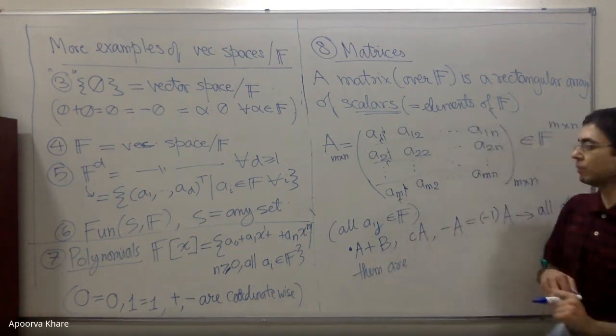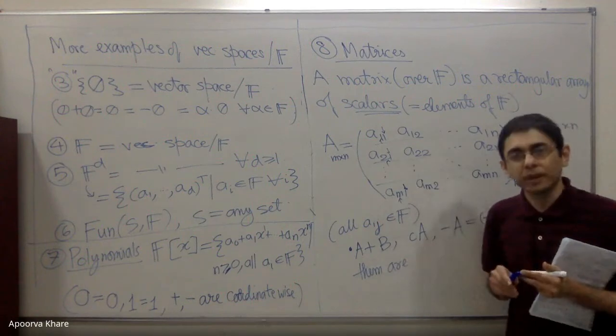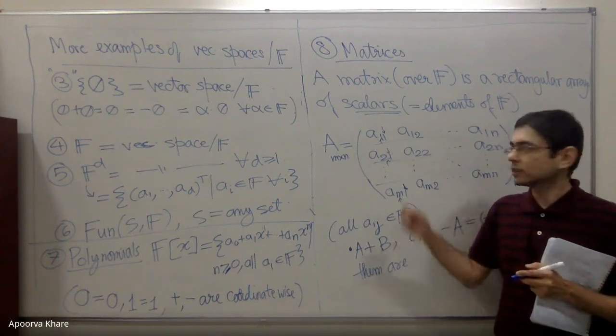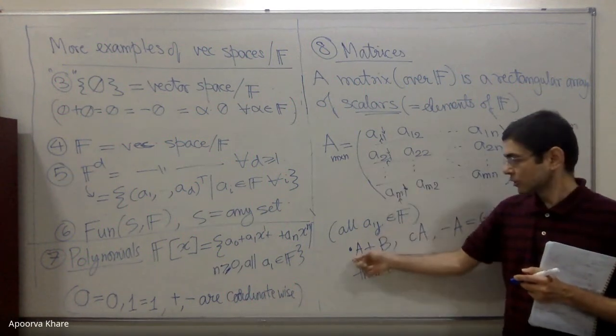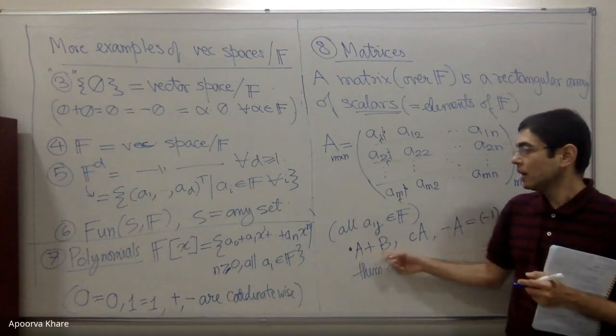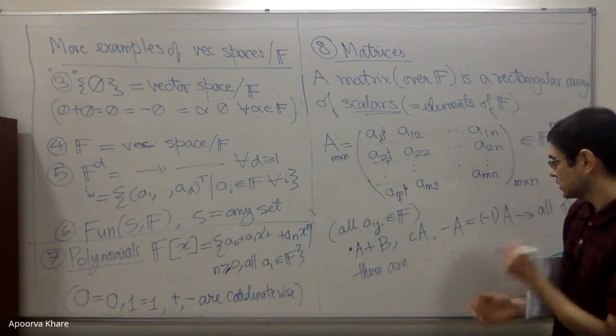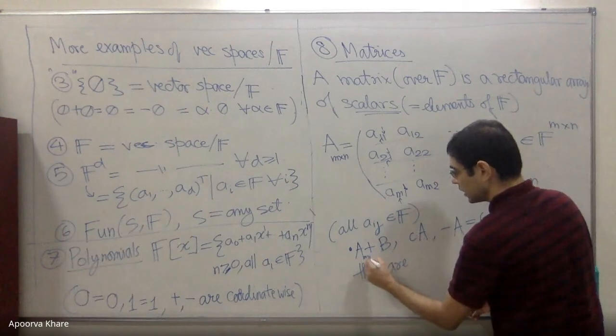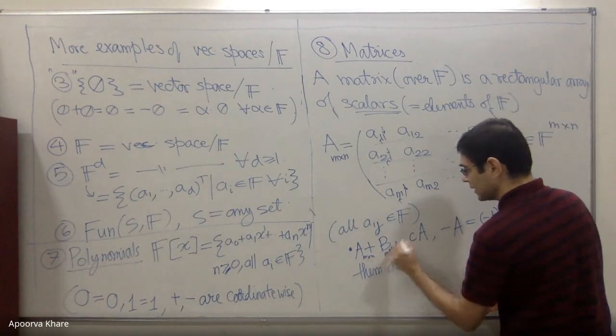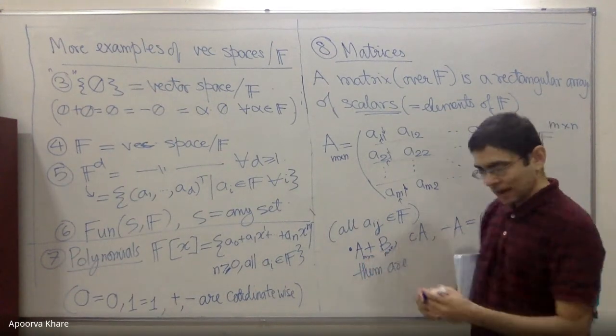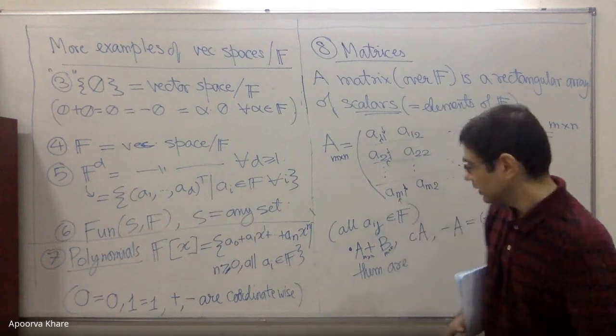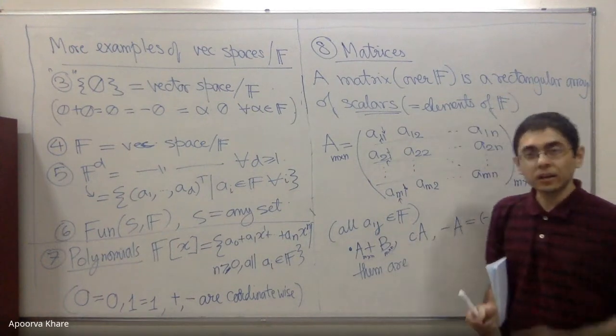So how do you define A plus B? How do you define any matrix? You define any matrix by specifying its entries. So if I have a matrix A and a matrix B of the same size, say m by n and m by n again, then I can add them up. The addition is valid. And how do I define this? I define it entry-wise.